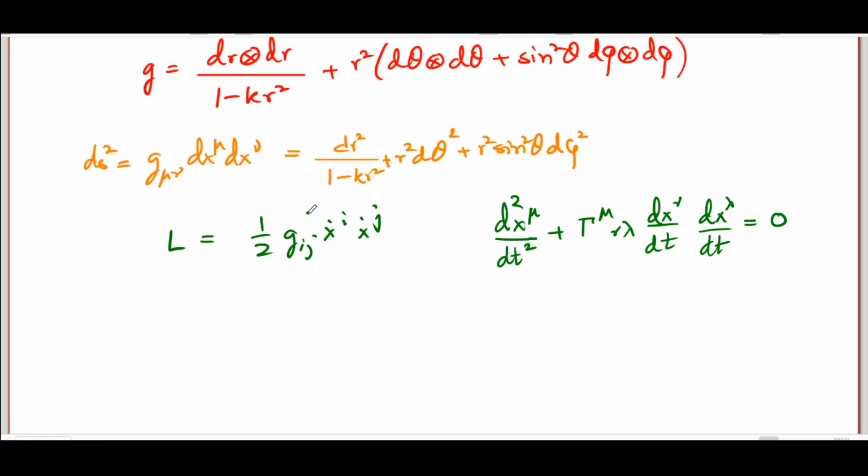And so we will just stick to ijk's mostly, except when habit sort of forces me to use an equation like this. But you should be able to gather that I mean x double dot i plus gamma ijk x dot j x dot k equals 0. That's the geodesic equation in this particular situation.